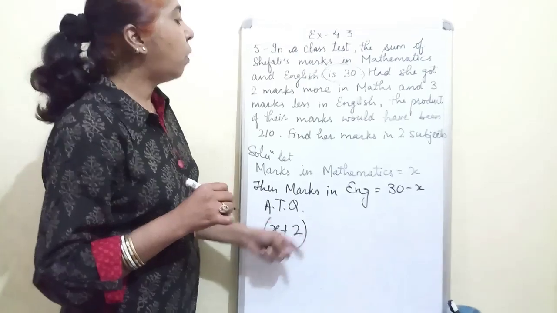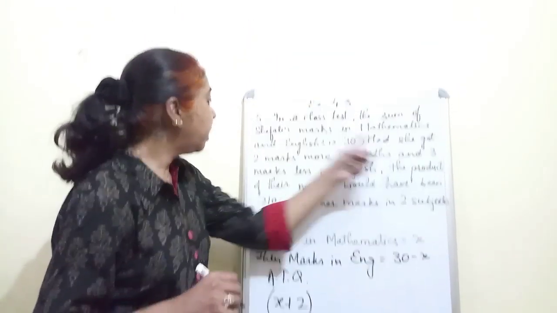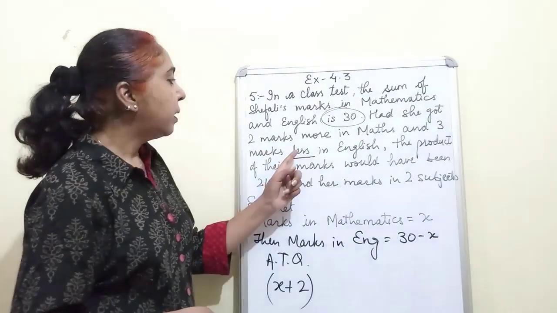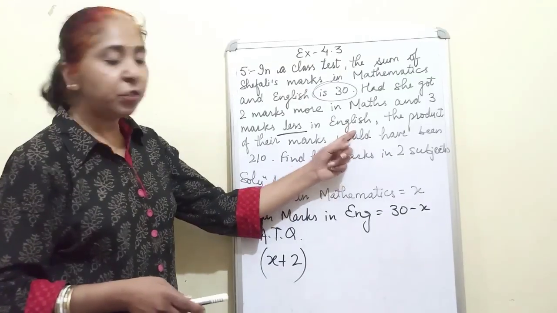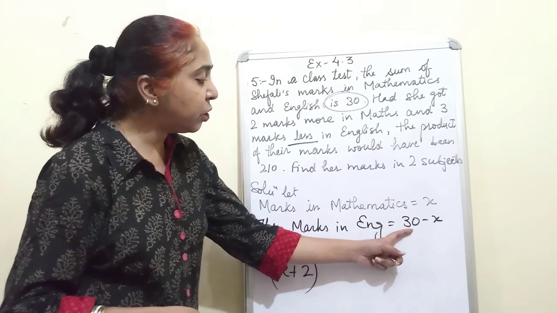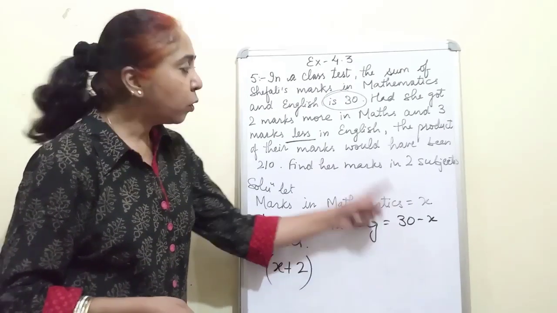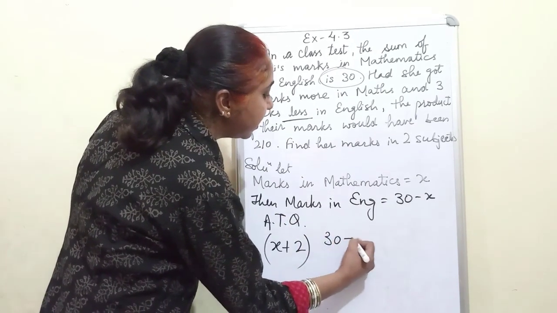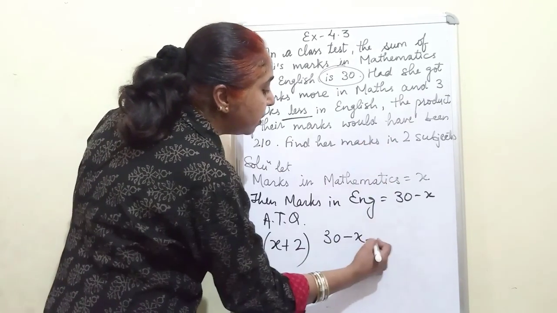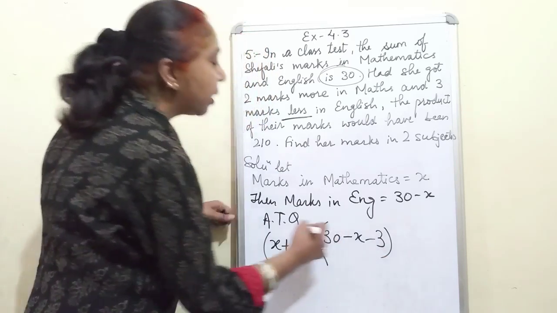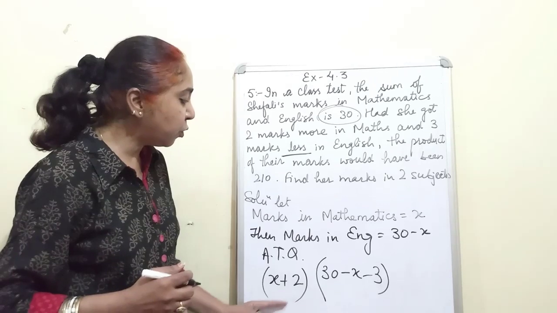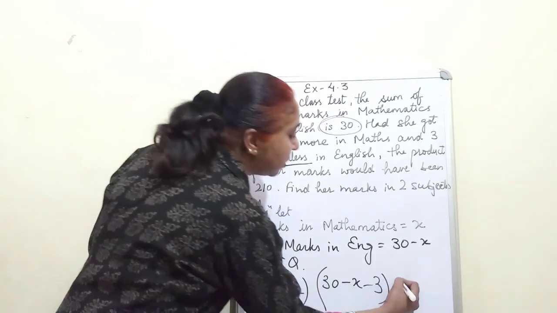And she got 3 marks less in English, and we have supposed the marks in English as 30 minus x. So the marks in English are 30 minus x minus 3. Now again according to the question, the product, means multiplication of these two, is 210.